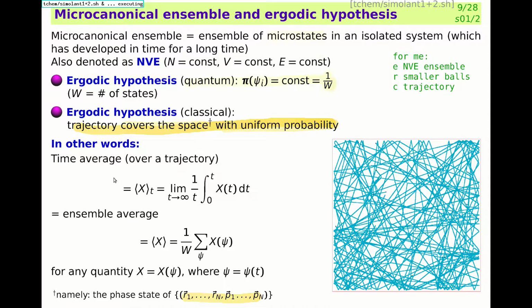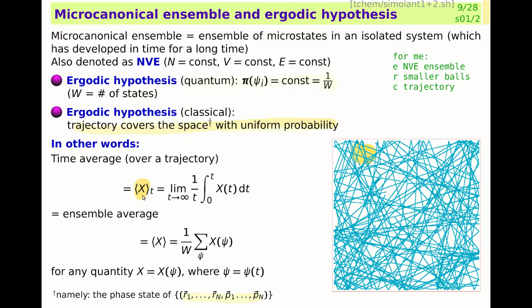In other words, if I take a time average over a trajectory, that is, I have a certain quantity x, maybe pressure, maybe energy, maybe some probability that I find particles somewhere, never mind.